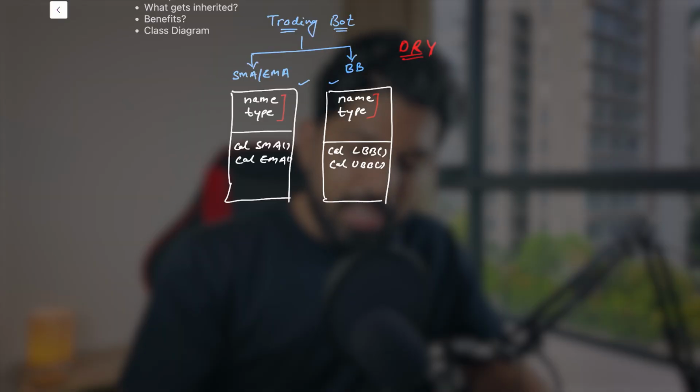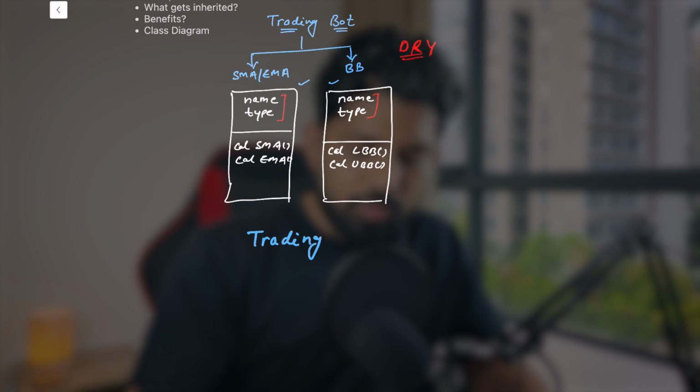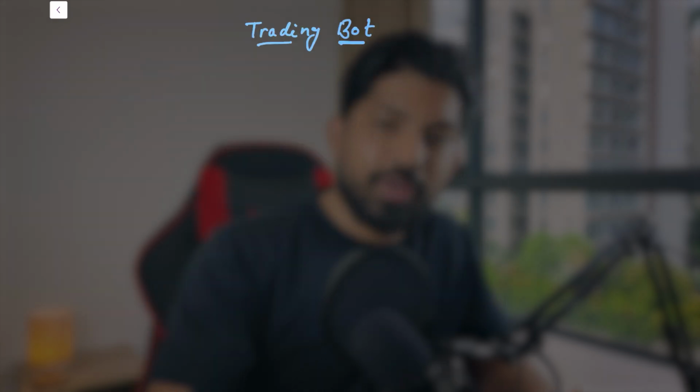So now let's write the same code with the help of inheritance. Now we will write 3 classes instead of 2 classes. So again, we are creating a trading bot. I'll write trading bot, and inside that we will create 3 classes. The first class we create with the name, let's say, Strategy, right?